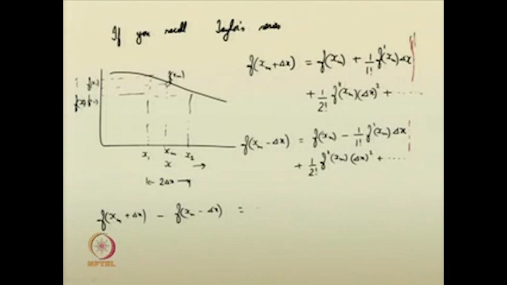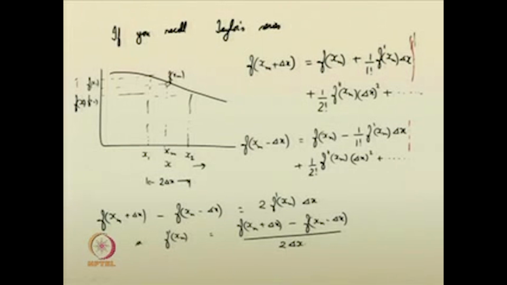These terms get cancelled off, and you will get twice f dash at x m into del x, or f dash x m is equal to f of x m plus del x minus f of x m minus del x by twice del x. Like this, you got the expression for the first derivative f dash x m.